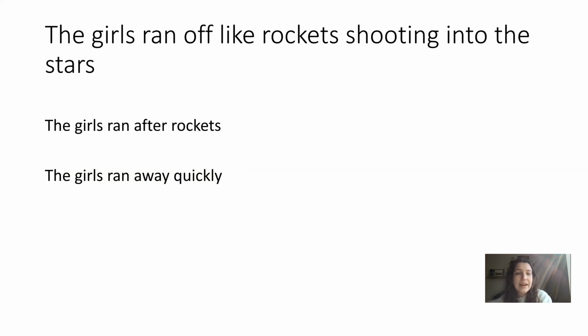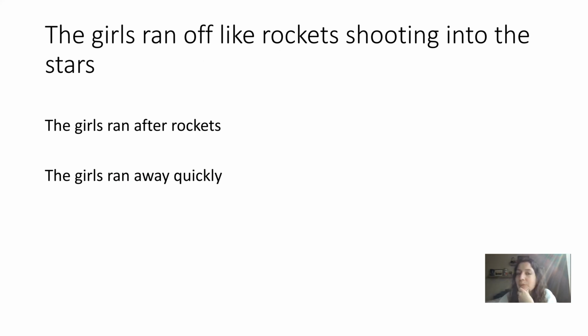For another example, we have the girls ran off like rockets shooting into the stars. So we have two options again. Either the girls ran after rockets or the girls ran away quickly. So once again, the first one is not quite there, I don't think, because our original sentence says the girls ran off like rockets.